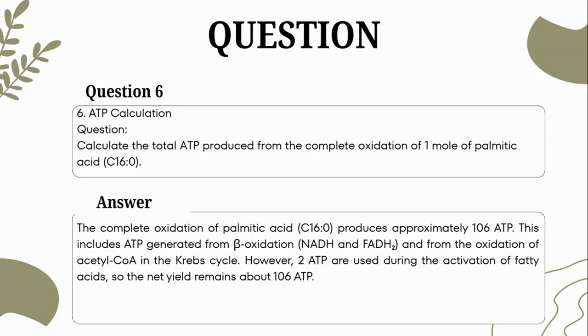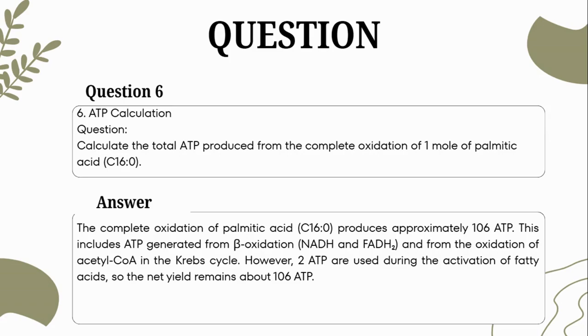Next question, ATP calculation. Calculate the total ATP produced from the complete oxidation of 1 mole of palmitic acid, or C16:0. The complete oxidation of palmitic acid produces approximately 106 ATP.